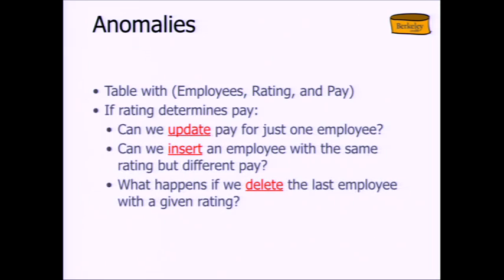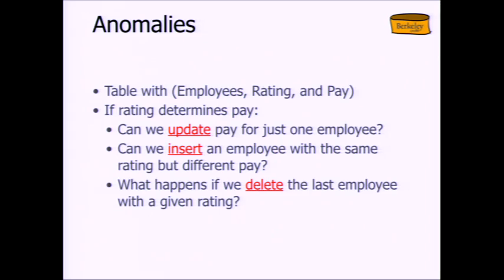There are three kinds of updates we can do to a table. We can update a row, as in we can change the value of some column in a row. We can insert a row into our table, or we can delete rows from our table. And these different kinds of updates can potentially introduce different anomalies.